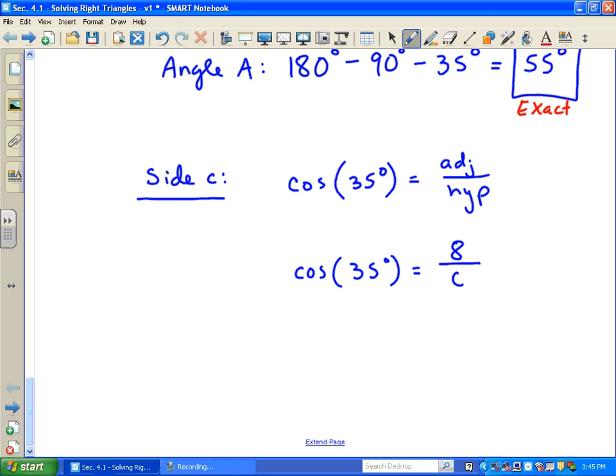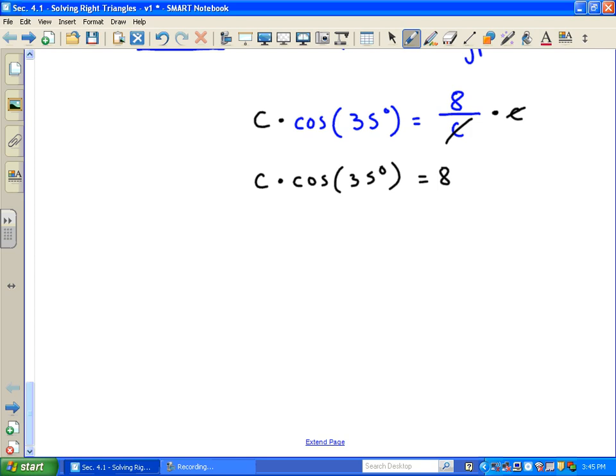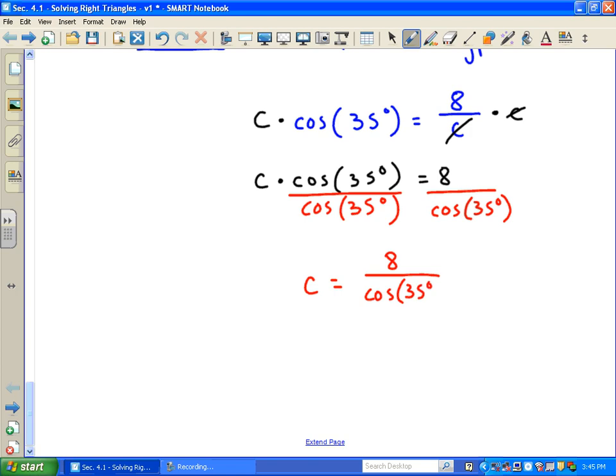Now for this function, I need to solve for C. I'll multiply both sides by C to cancel the C out on the right side. So I have C times cosine of 35 degrees equals 8. To solve for C, I need to divide out cosine of 35 degrees. So C is going to equal 8 over the cosine of 35 degrees.